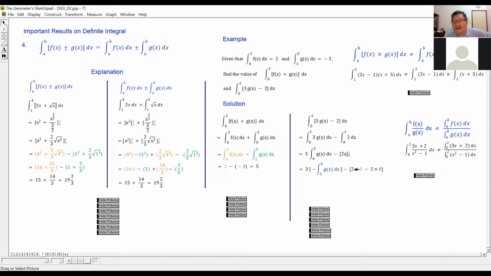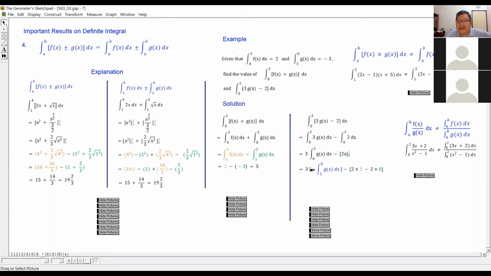So it's 2x, which is 2 times 3, 2 times 0. So far okay or not? Chen Tong, can you follow?